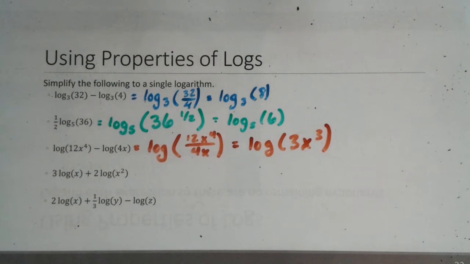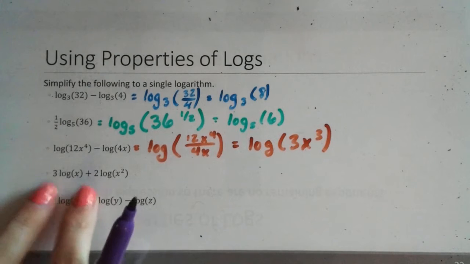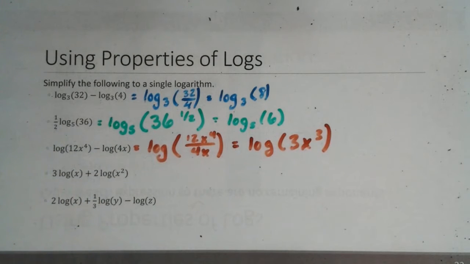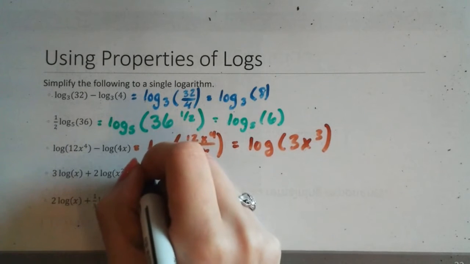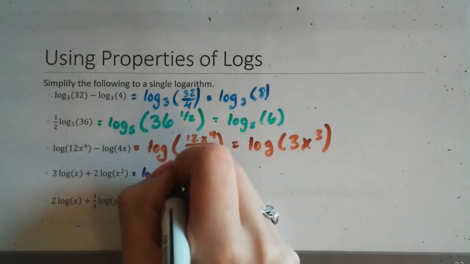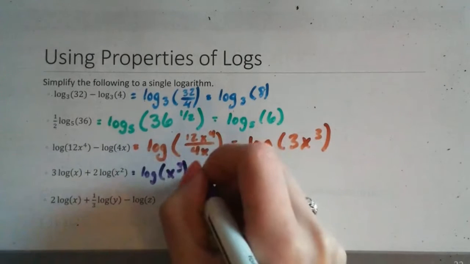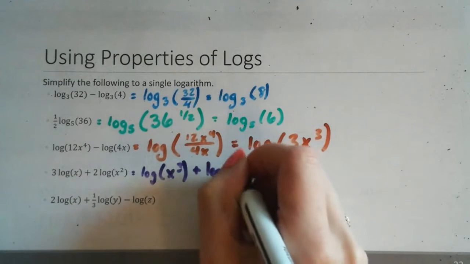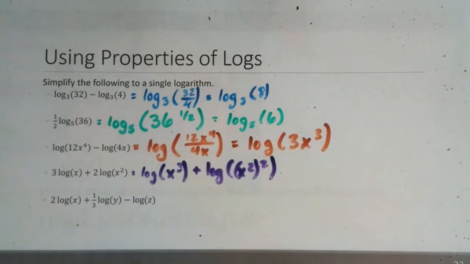Next up, we're looking at 3 log of x plus 2 log of x squared. I can't combine these with multiplication until I handle these coefficients out front. So like I did with the 1/2, I'm going to pop those up as exponents. So this will give us the log of x cubed plus the log of x squared squared.